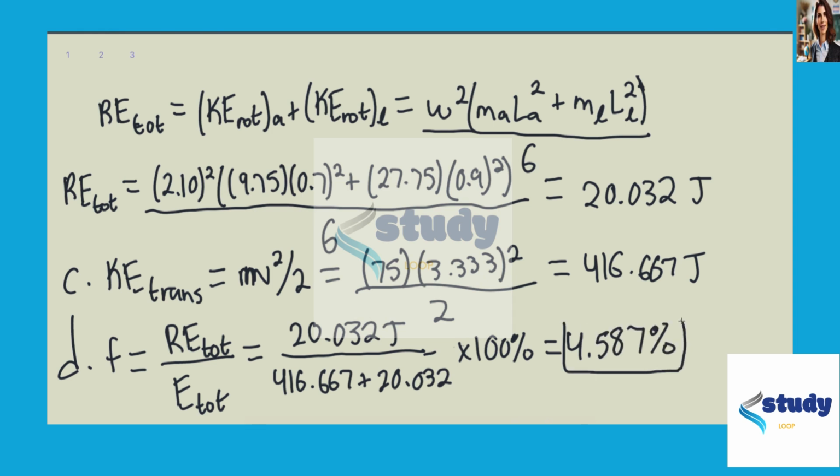So 4.587% of the total energy is rotational energy.